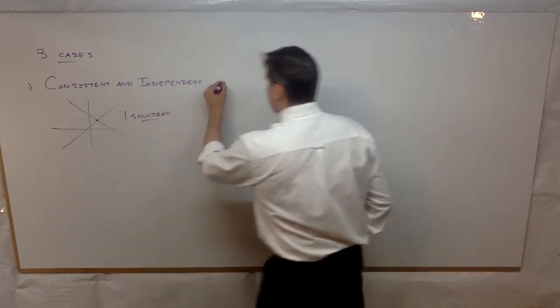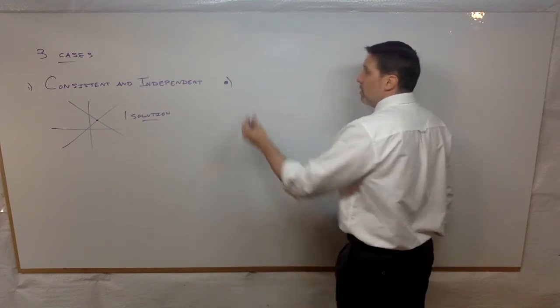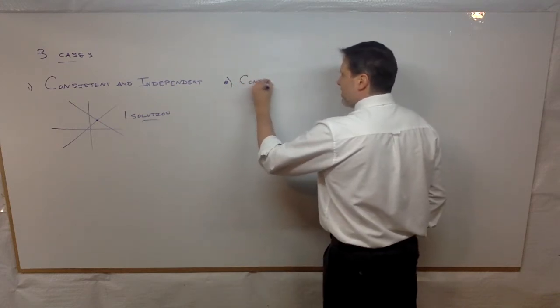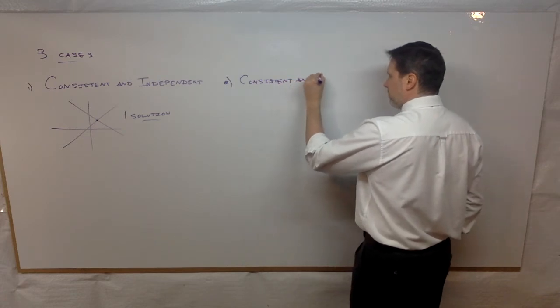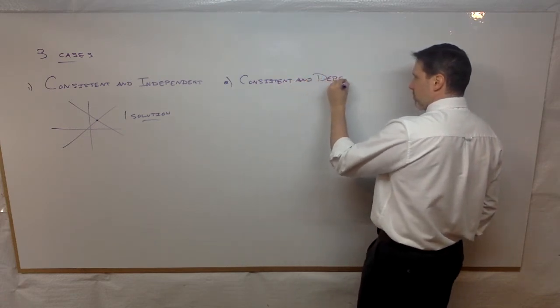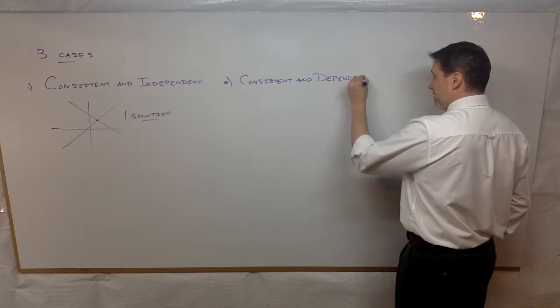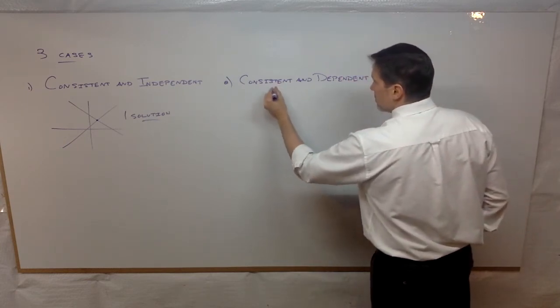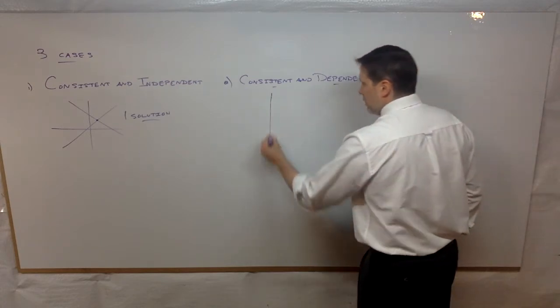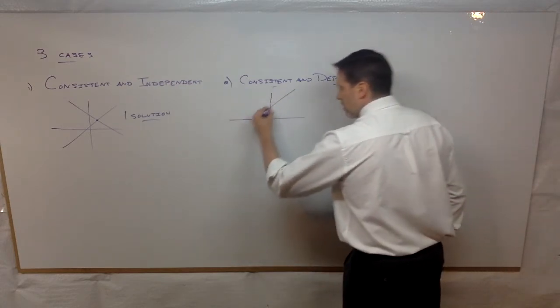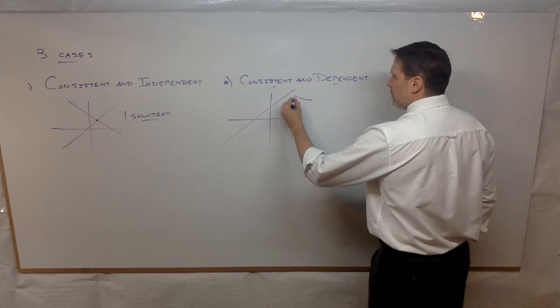Right? Second scenario that could happen, we could get a consistent and dependent. Consistent and dependent would be something to where they turn out to be the same line.